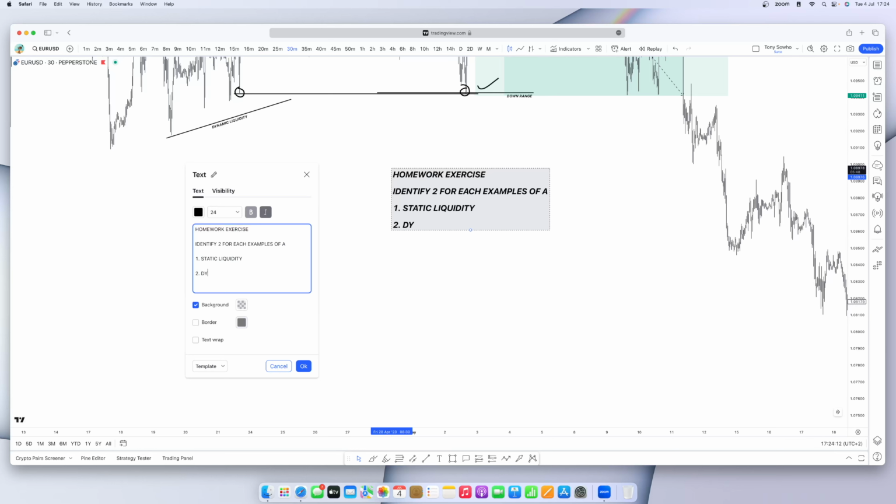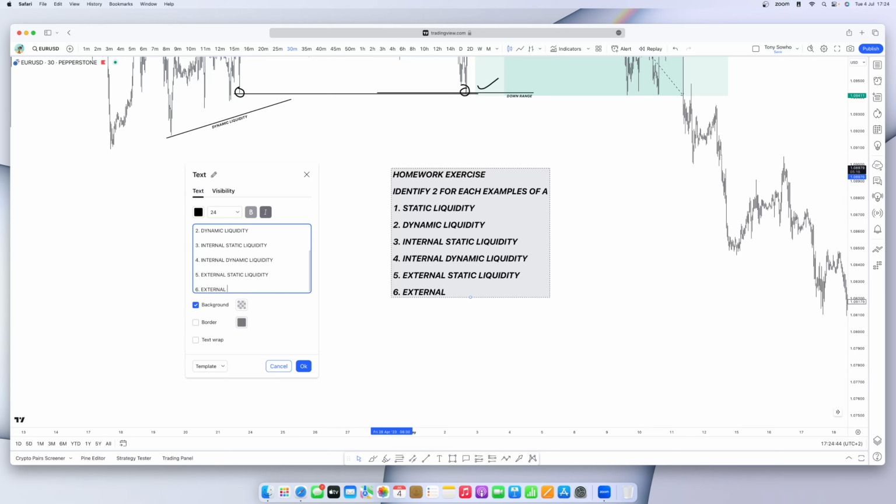Number two, dynamic liquidity. Number three, internal static liquidity. Number four, internal dynamic liquidity. Number five, external static liquidity. And number six, external dynamic liquidity. So this is your homework exercise.